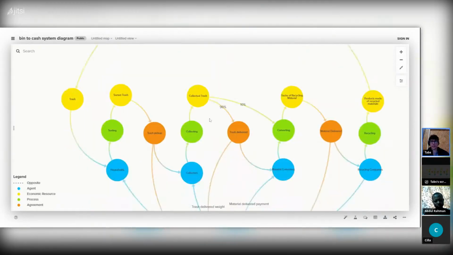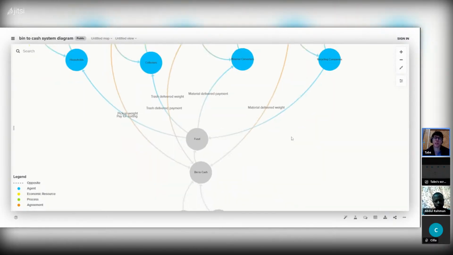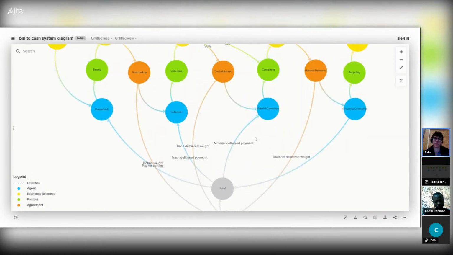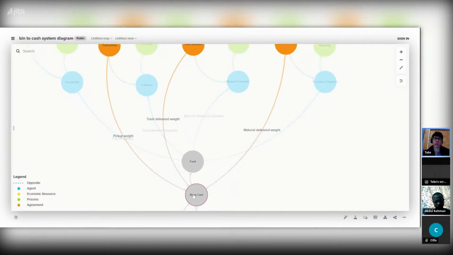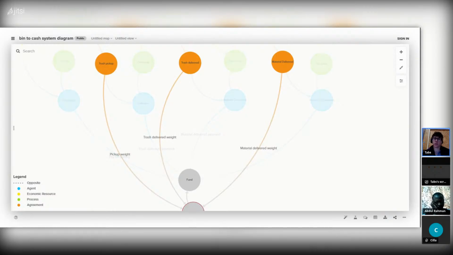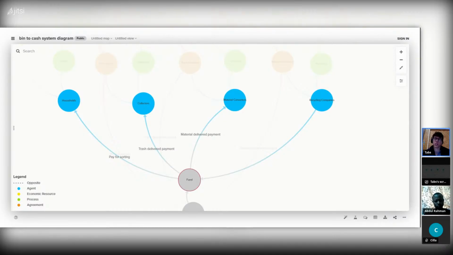And by mapping all of that out in that way, we could draw some interesting connection points with Bin to Cash, where we realized that the information from these contracts would be sent to Bin to Cash for them to then manage the fund distribution to the different stakeholders, the different people in the system.